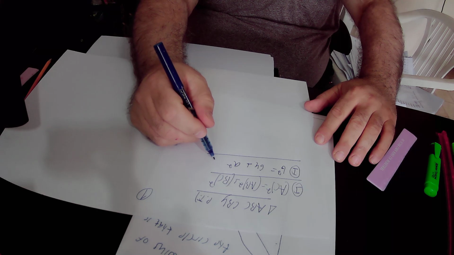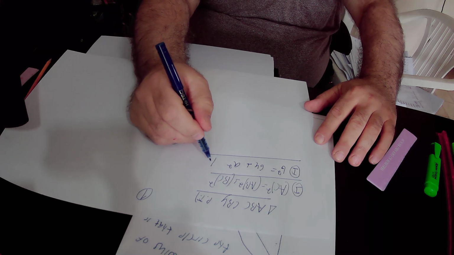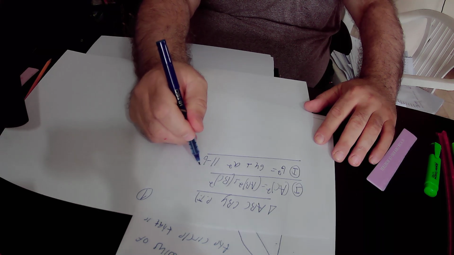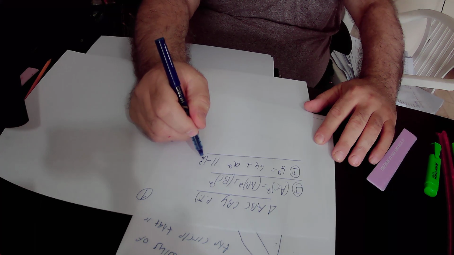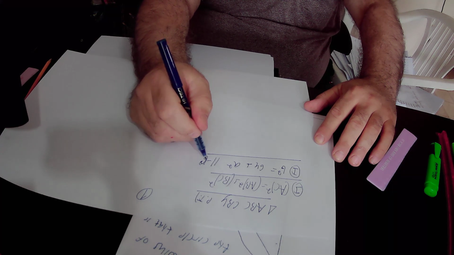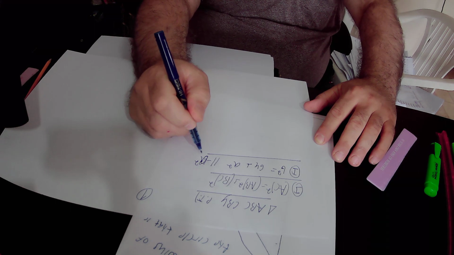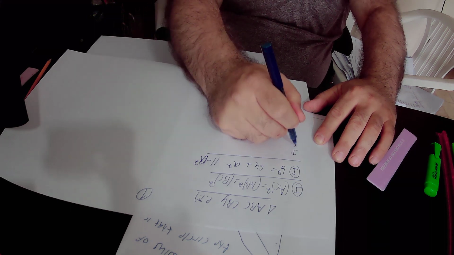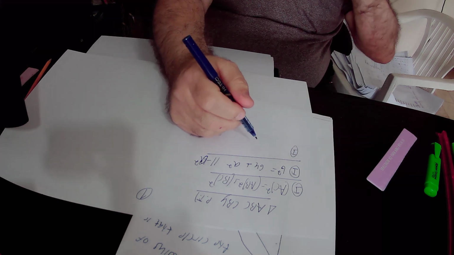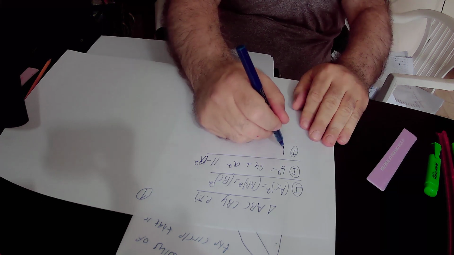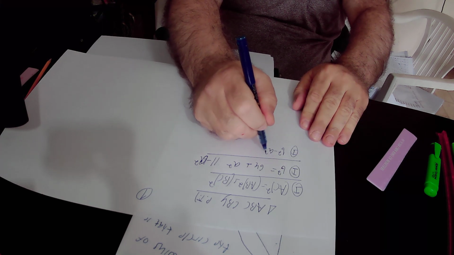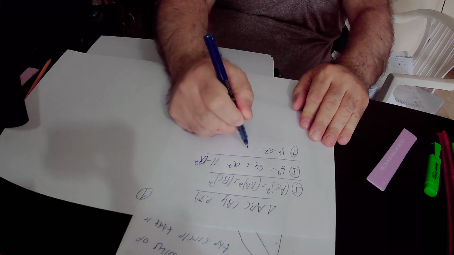We subtract A square from this equation number 1, and we get that B square minus A square equals 64.